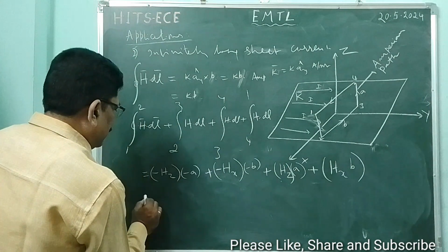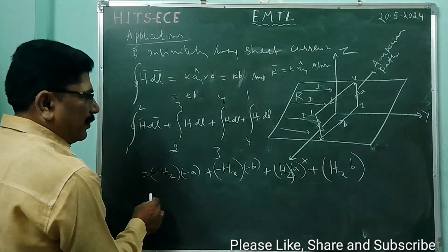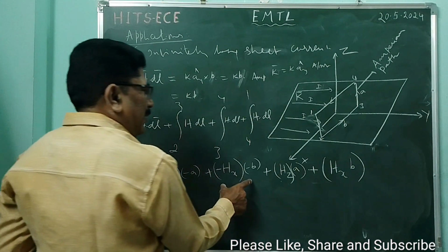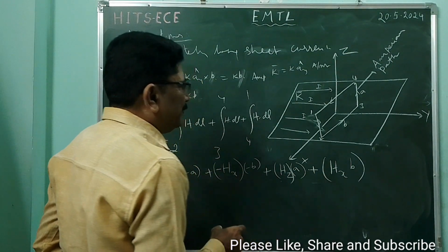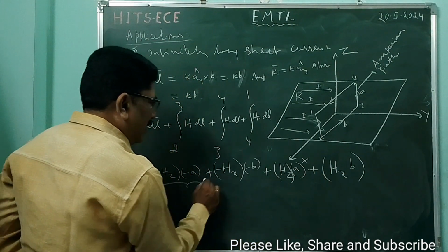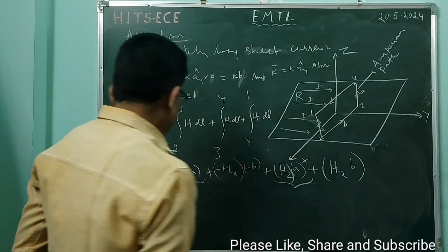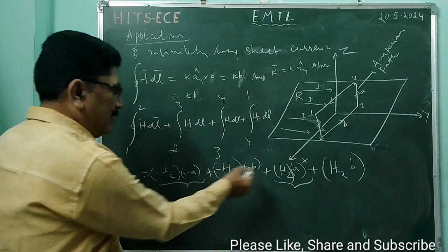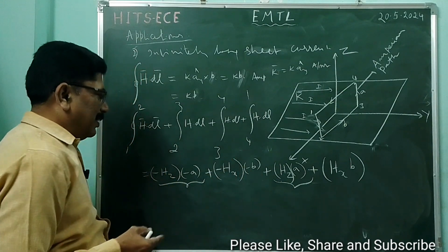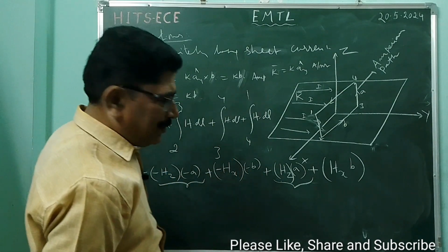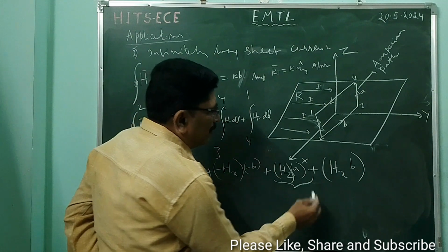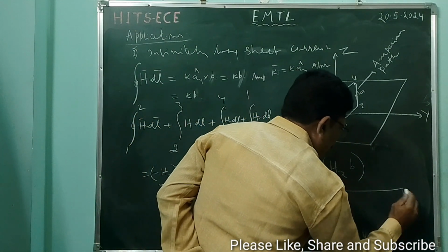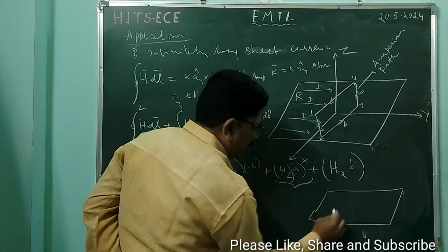Okay. So finally we should prove that only the x components will remain, and this will get cancelled. But actually it is HzA, HzA. It should be equal to 2HzA. But I'll show you how it is cancelled. So when the current is flowing like this, current is flowing in the sheet.